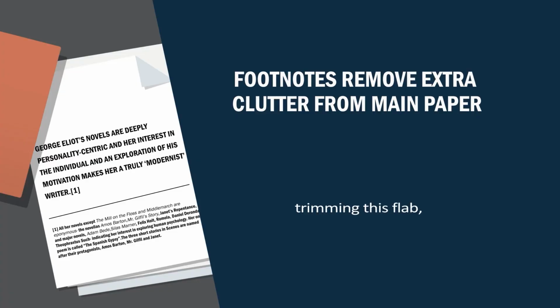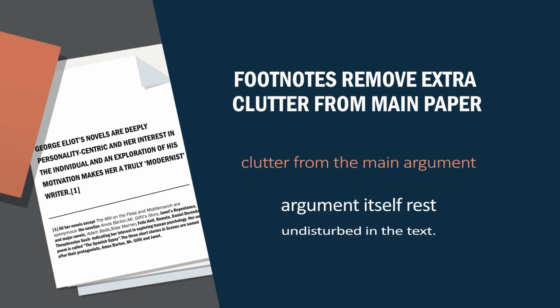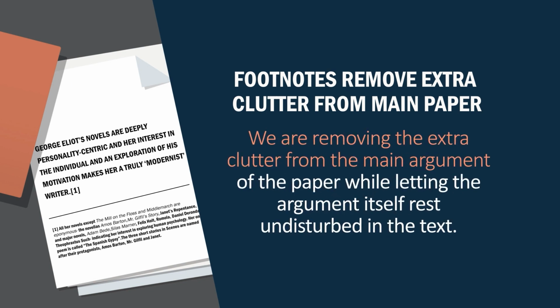These are all titles of her novels. But a reference of this kind, as you can see, would make the paper unwieldy and clunky. So by trimming this flab and removing the extra clutter from the main argument of the paper, I'm letting the argument itself rest undisturbed in the text.